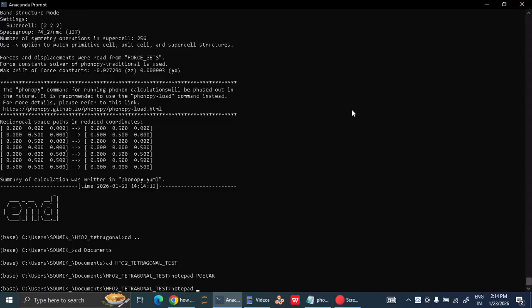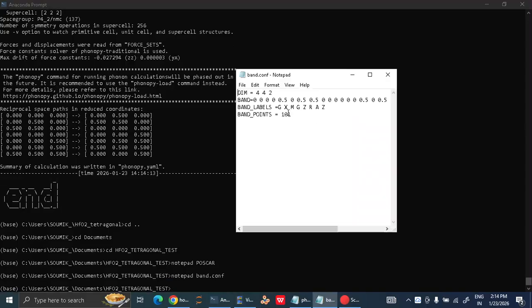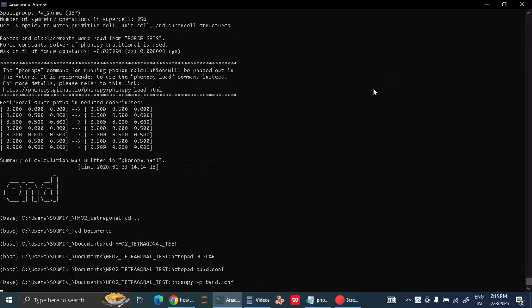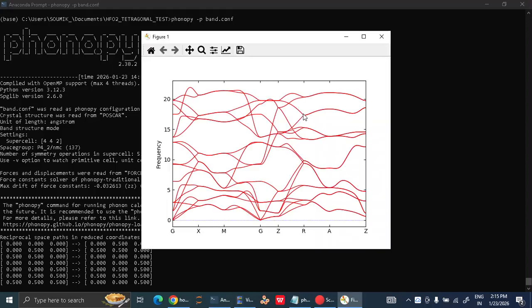Now I am generating a 4x4x2 supercell from my primitive unit cell, instead of the 2x2x2 supercell, and my phonon dispersion is looking stable. No imaginary frequencies are present here.